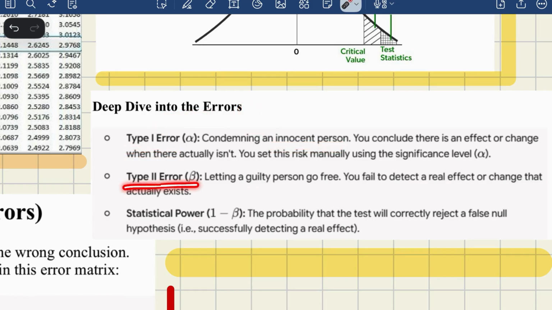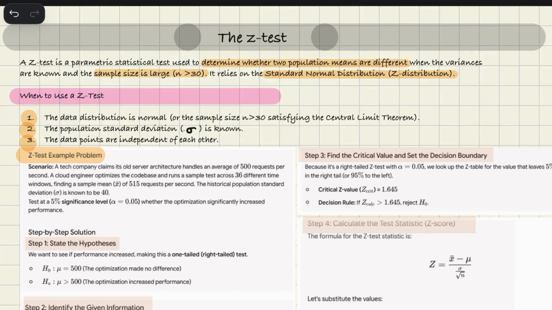In type 2 error we are failing to reject the null hypothesis, letting the guilty person walk away. And statistical power is correctly identifying a true effect. I hope you got this.